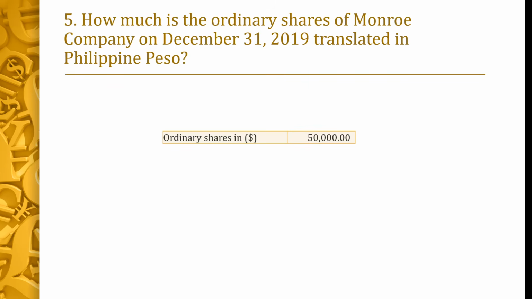Diba ang sabi natin kanina, ang historical rate is usually the date of acquisition, exchange rate. Kailan daw na-acquire ito si Monroe Company? That is January 1, 2019. That's why we will have to use the exchange rate as of January 1, 2019. Okay, that is 50 pesos. So, magkano ang ordinary shares stated in Philippine peso? 2,500,000.